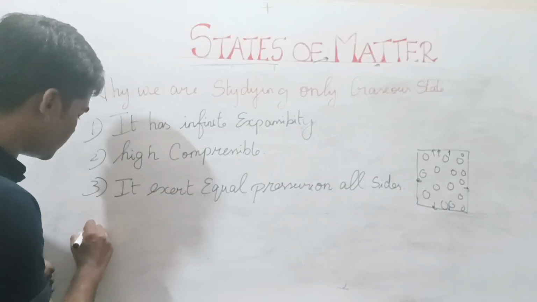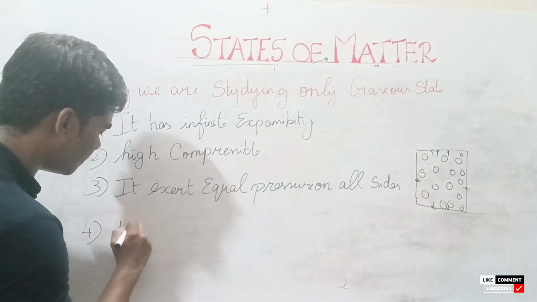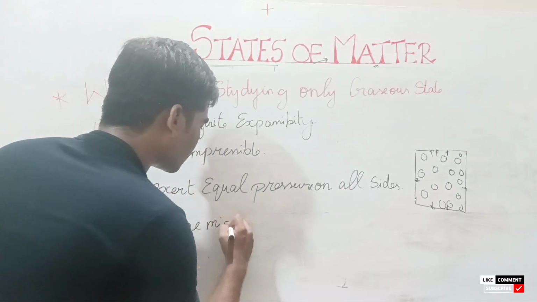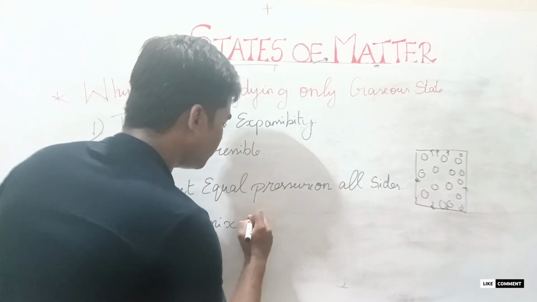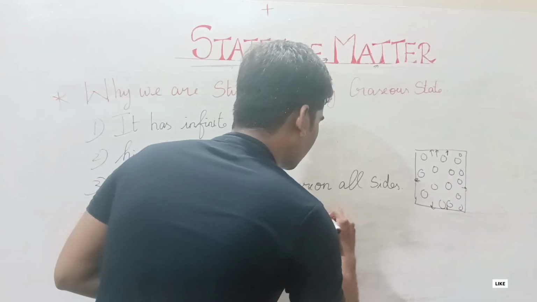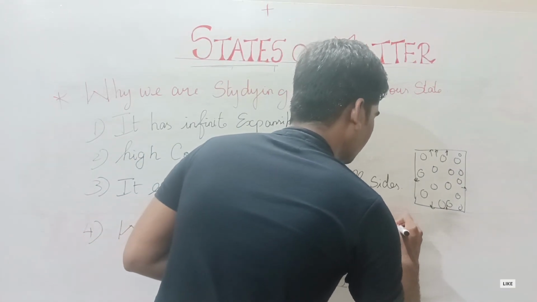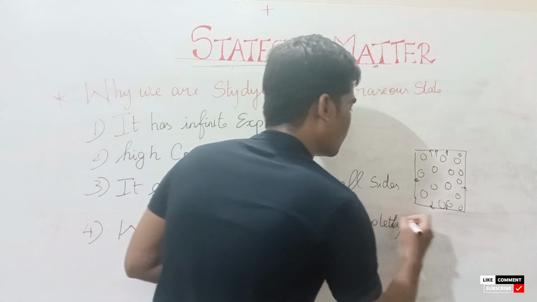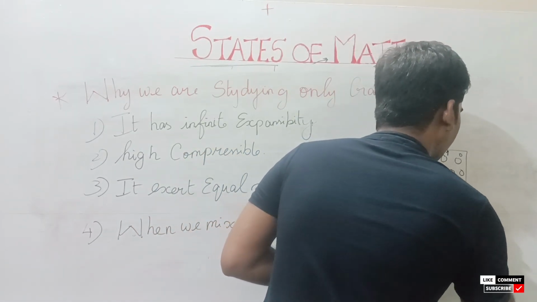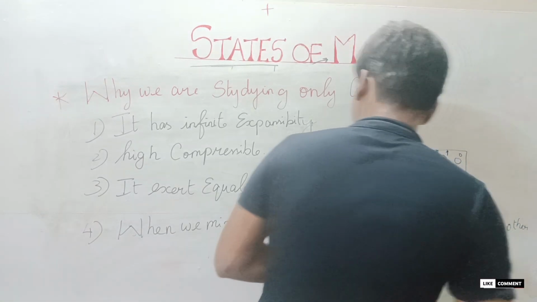And the fourth one is that when we mix two gases, they will mix completely with each other. Why?